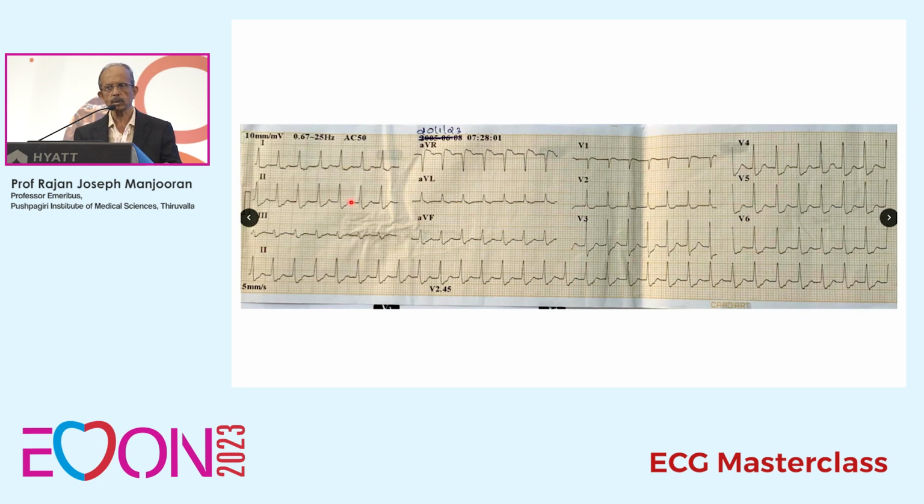It is just outside the QRS complex. When there is a small notch just outside the QRS complex, it usually indicates that it is most likely AV reentry tachycardia. There is an accessory pathway and there is an AV reentry tachycardia. The first one is an AV nodal reentry tachycardia. The second one is an AV reentry tachycardia.